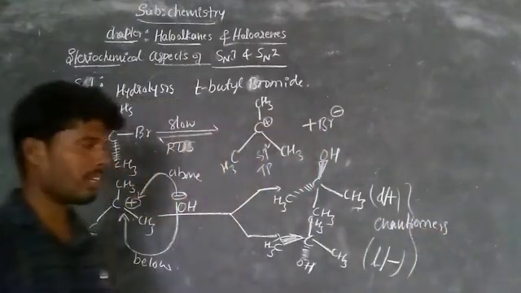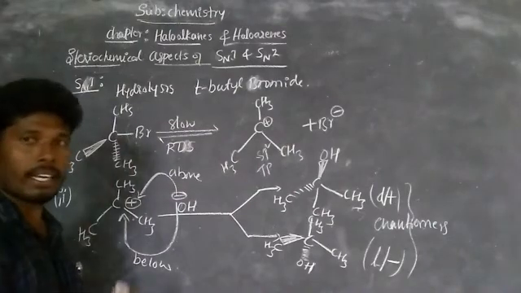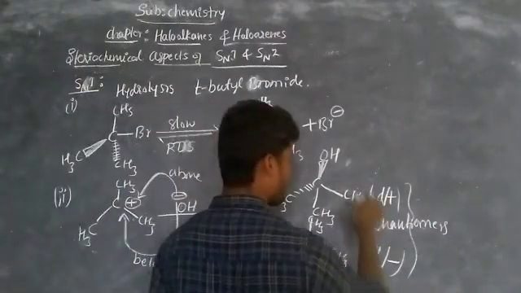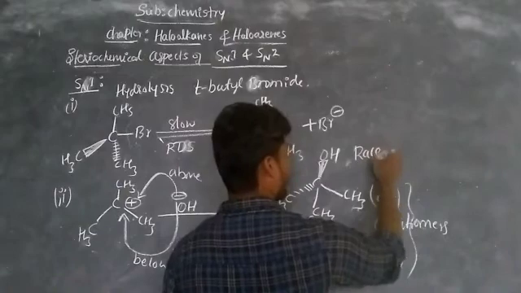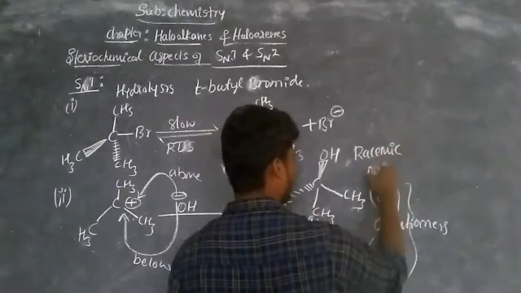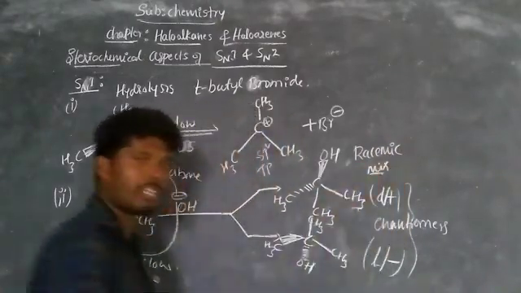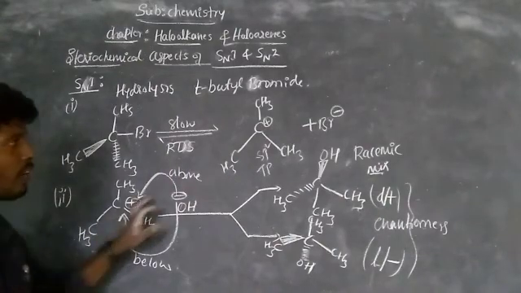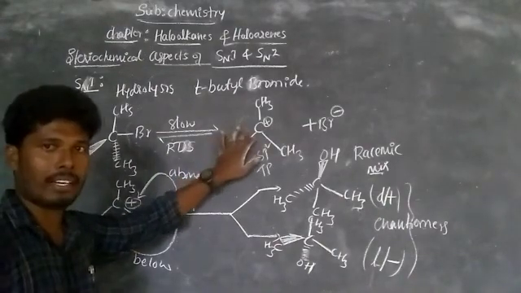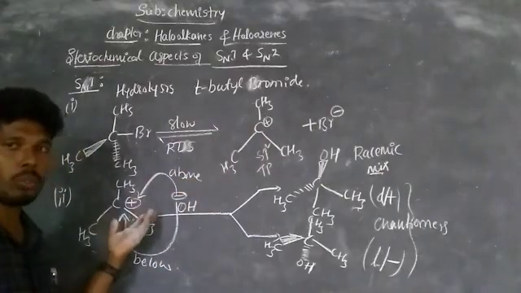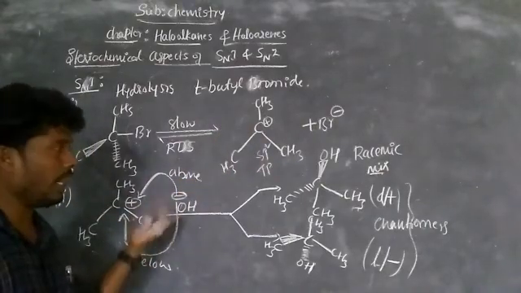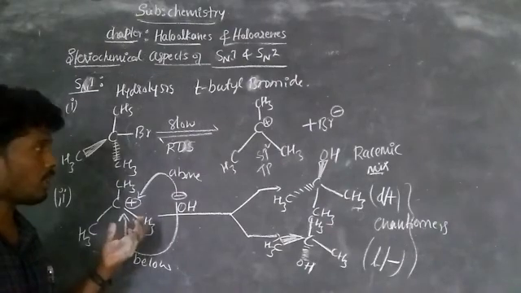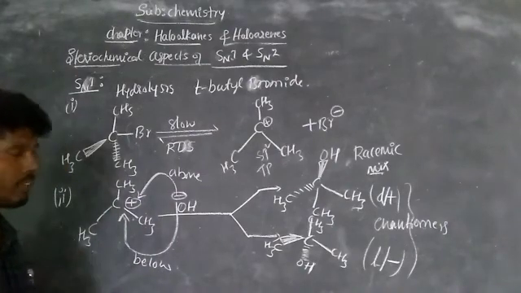One is D and one is L. That is a racemic mixture. So remember, in SN1 you get a racemic mixture because of the formation of a planar carbocation. But in SN2 you get inversion of configuration, that we are studying now.